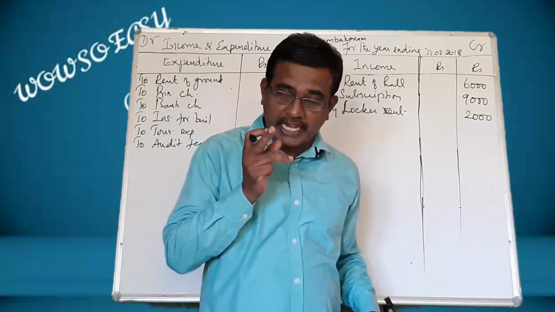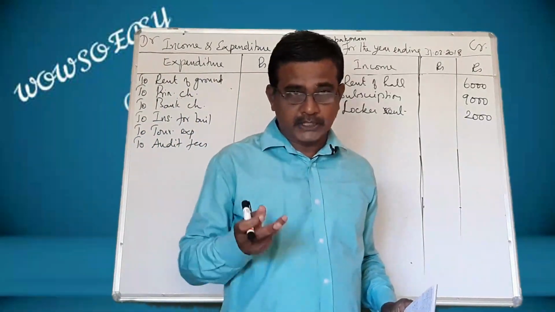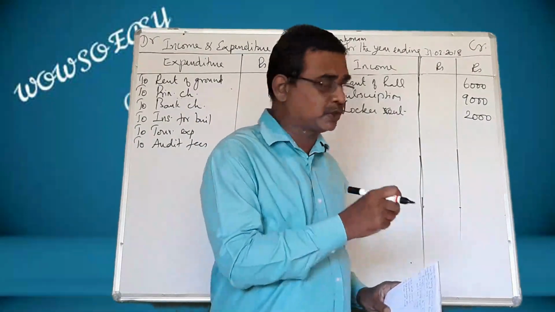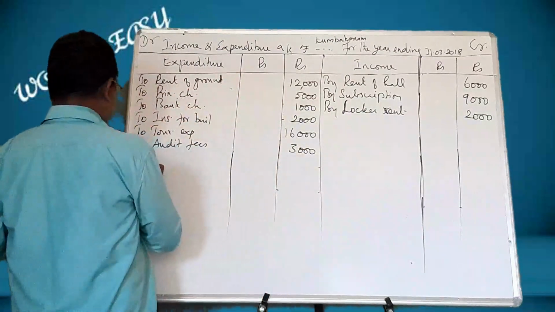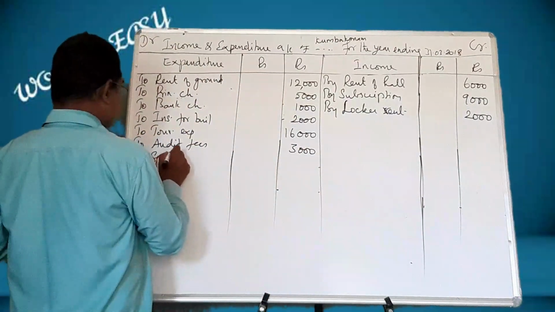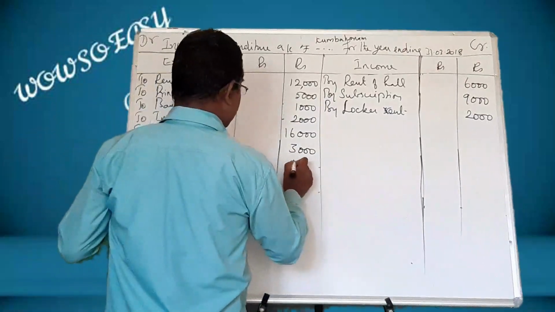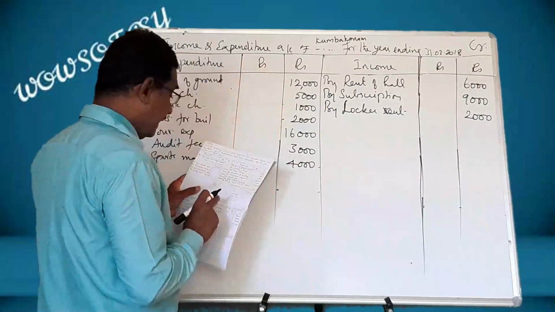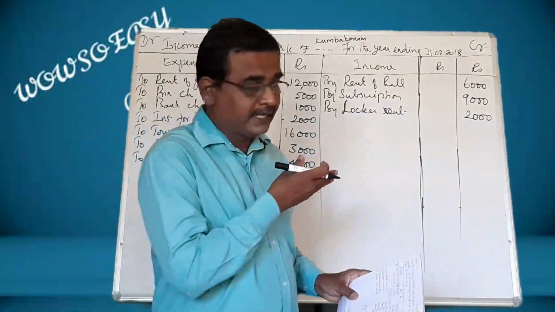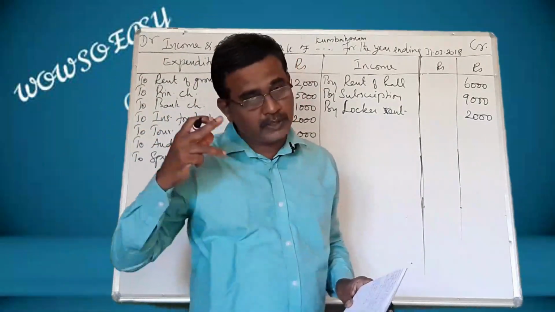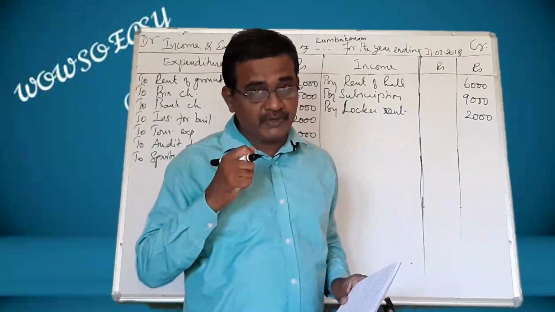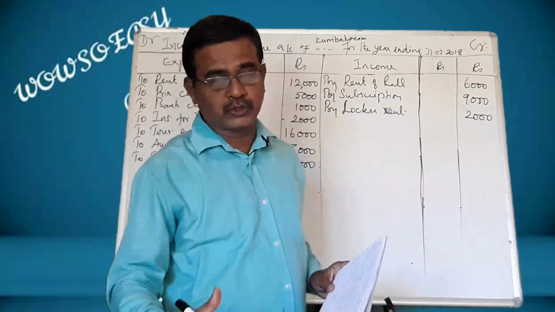Remember, sports equipment is a capital item, but sports materials is a revenue item, so I bring it here to sports materials. What is that amount? 4,000. And cash in hand will not be dealt with in this account. That will be taken to the balance sheet, which we are going to prepare at the end of the solution.